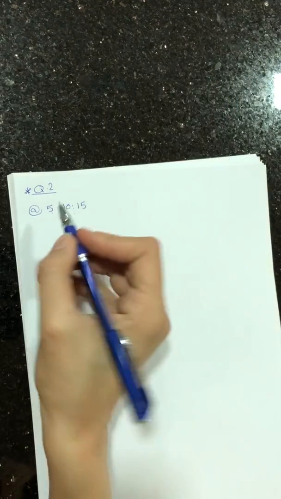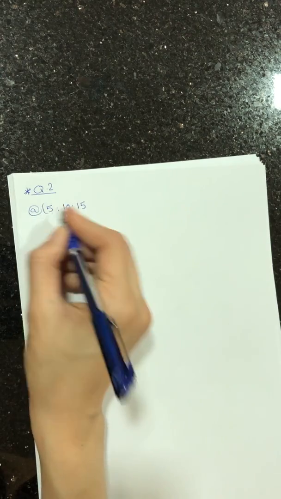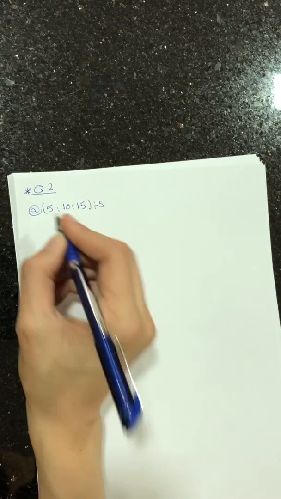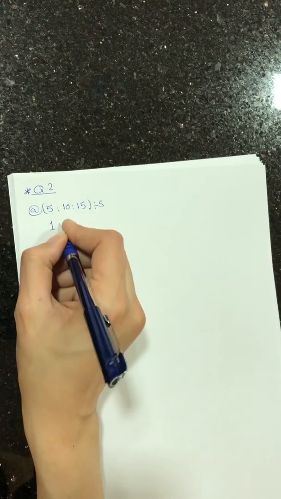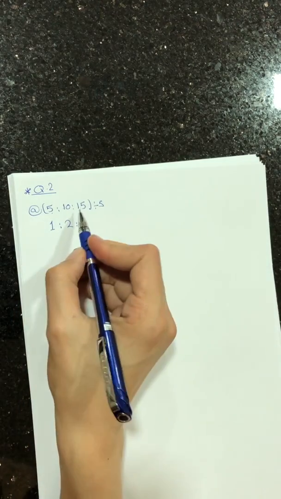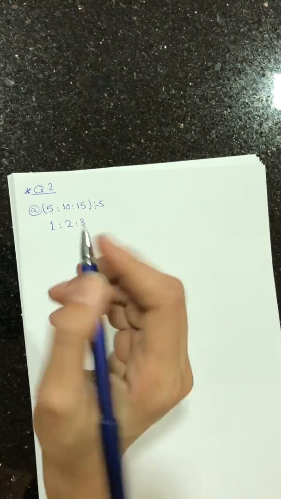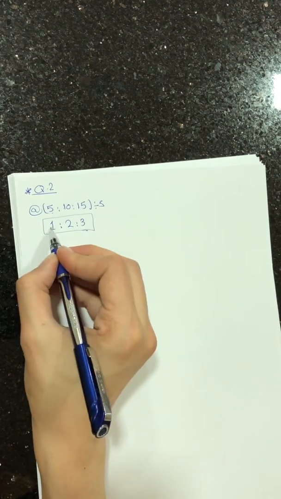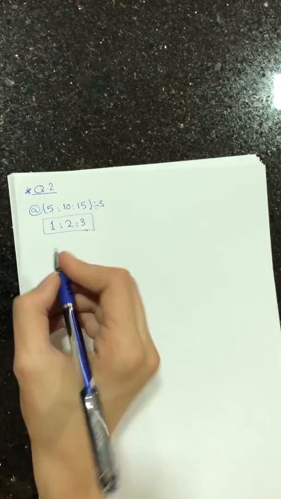It'll be the same steps. The whole ratio will be divided by 5. It'll be 5 divided by 5, 1. 10 divided by 5 is 2. 15 divided by 5 is 3. So our new ratio will be 1 to 2 to 3.